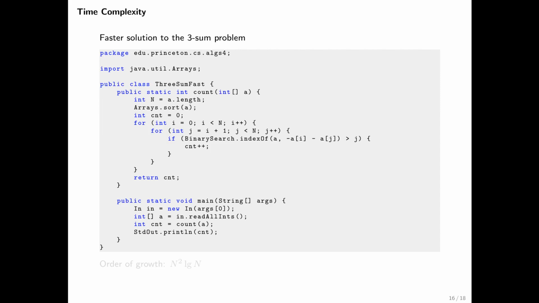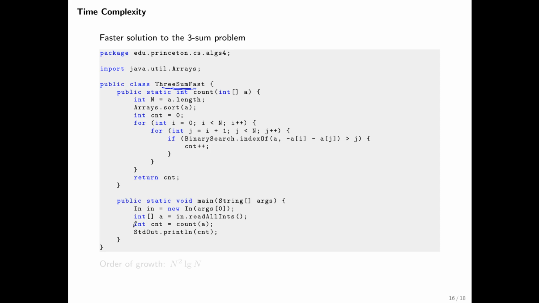So it's a very clever trick that you perform to improve the performance of threesome. And here is how it works. So this version of threesome is going to be called threesome fast. And it also has 2 methods, just like threesome. It has a count method that takes an array of n integers and returns the number of triples that sum up to 0.